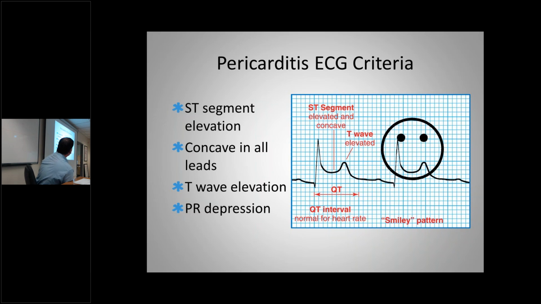So basically what we're going to see, and you may or may not see this, is elevation on a 3-lead. Sometimes it comes in this concave curl, and they talk about drawing a smiley face on there, where if you're looking, the ST segment is elevated and it's in a circular or concave shape, forming basically a smile, if you will.